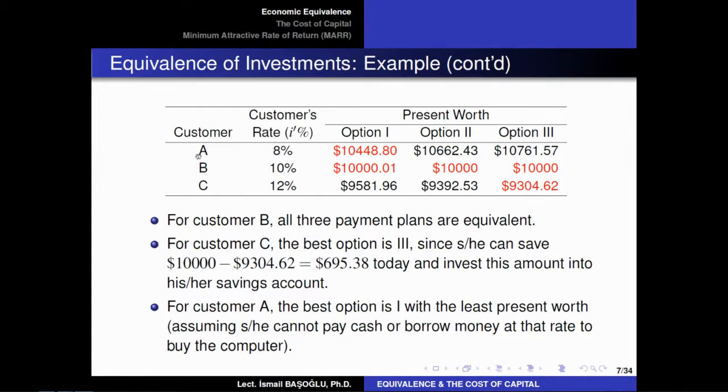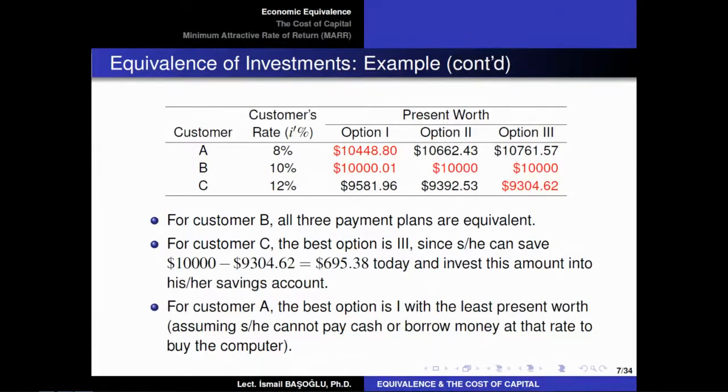In that case, customer A should be paying as early as possible, because every time the payment is postponed, the money is going to lose its value. Even though this customer can gain interest by 8%, the debt that he's going to be in is requiring a 10% interest. Okay, therefore option 1 is preferable by customer A.